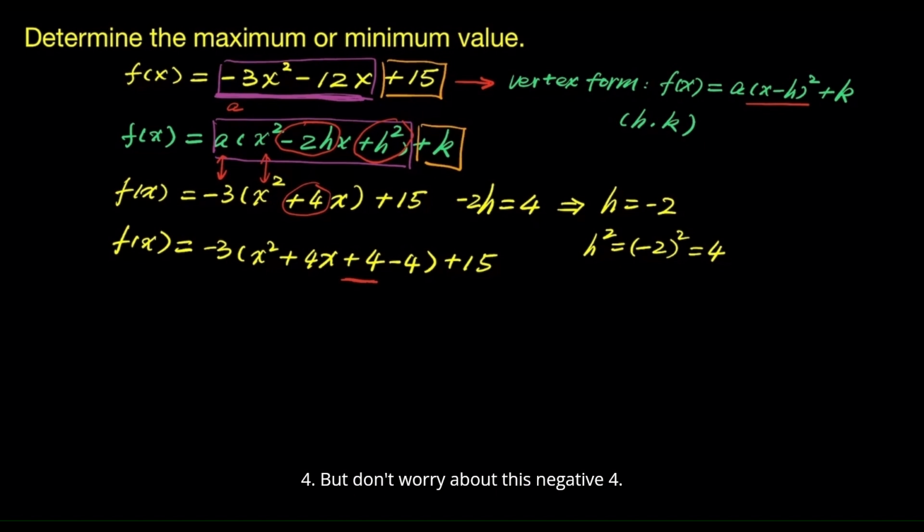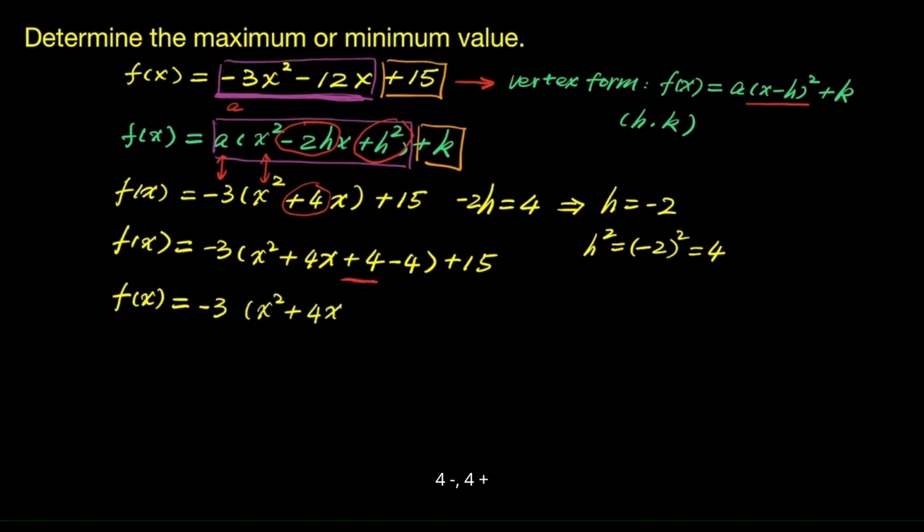But don't worry about this negative 4. We can pull it out of the parentheses. Let's separate this negative 4 from the perfect square trinomial we've just created. It will look more straightforward if we write it as negative 3 times (x squared plus 4x plus 4 minus 4) plus 15.